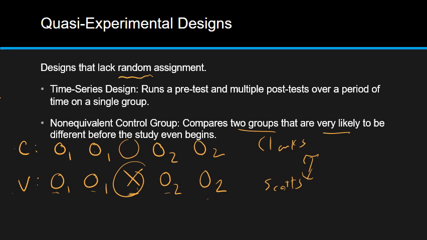So the two groups are very likely to be different before the study even begins, okay? So that means that they're not equivalent, okay? But you can still get roughly an idea of what might be working and what might not be working, but sometimes it's not possible to randomize for some reasons. So there you would have a non-equivalent control group design.